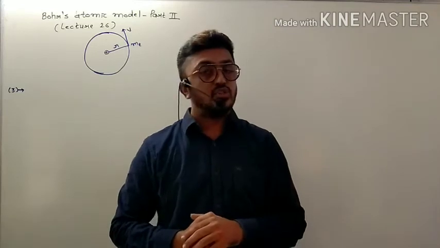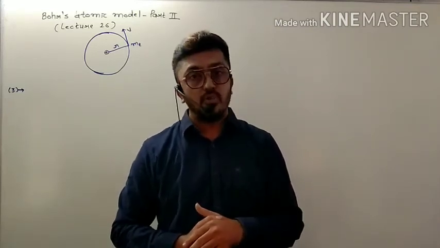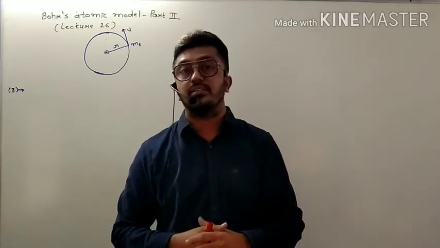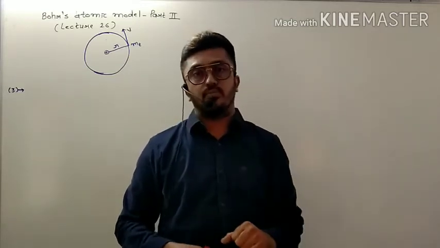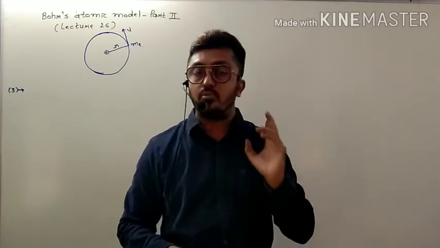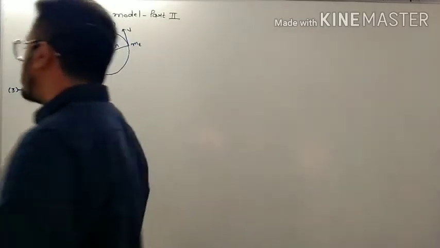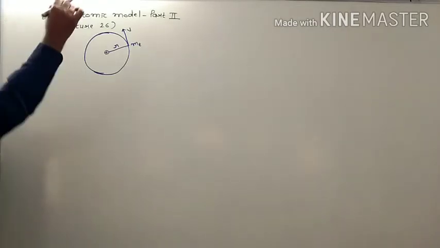Is it clear? So the electron moving around the nucleus has angular momentum, and the value of angular momentum is fixed, as given by Niels Bohr. Just see what this value is. The angular momentum of an electron is an integer multiple of h upon 2 pi.